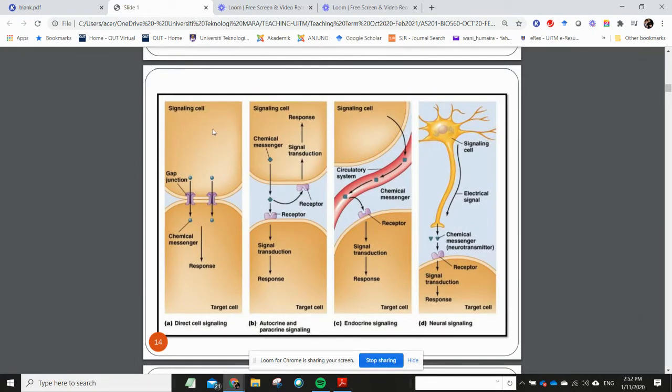So this is summarized also: direct signaling, autocrine and paracrine indirect cell signaling, short distance, endocrine indirect cell signaling, long distance, neural signaling, under long distance cellular communication.